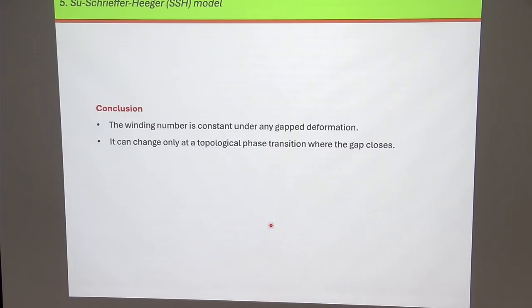So the conclusion here is that this winding number is constant under any gapped deformation. As long as you keep the gap, so there is no closing of the gap, then your winding number is constant, it's not changing.